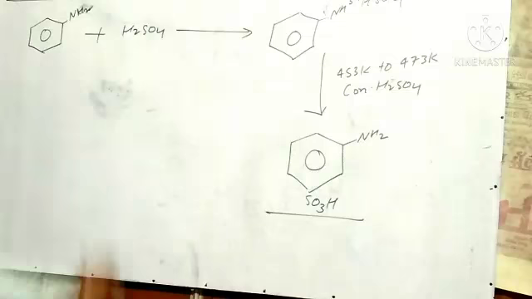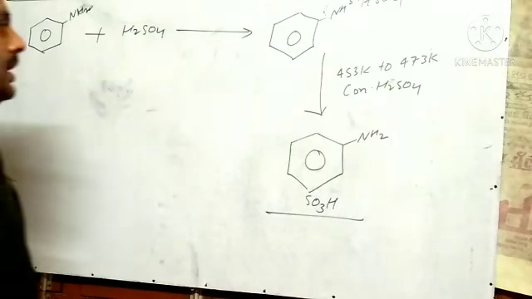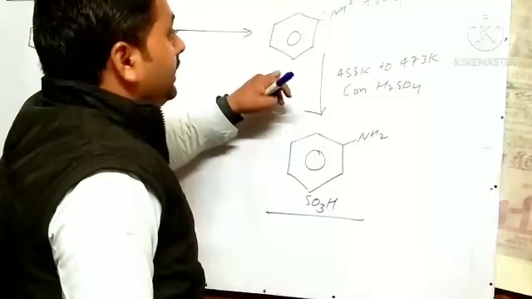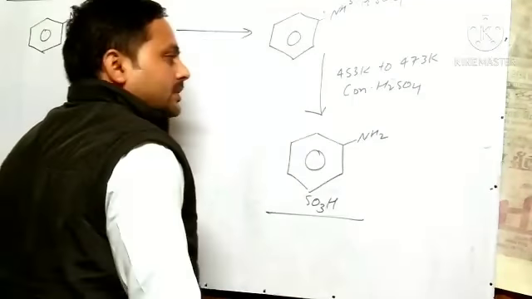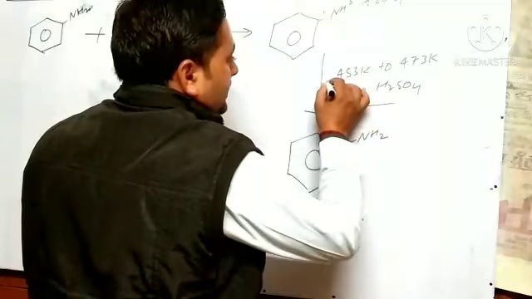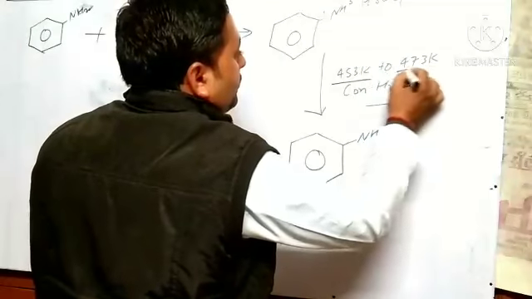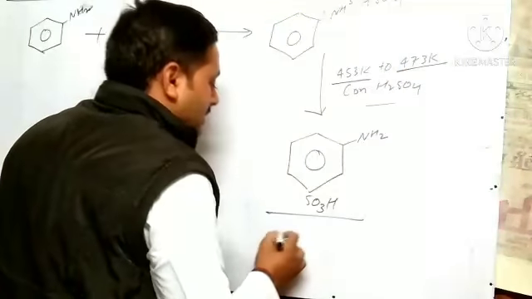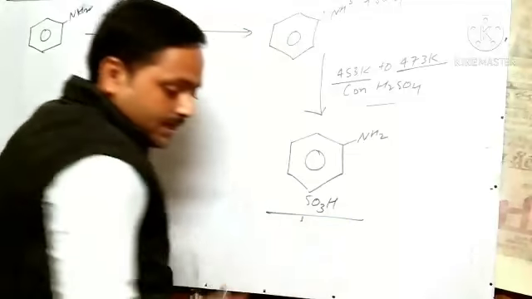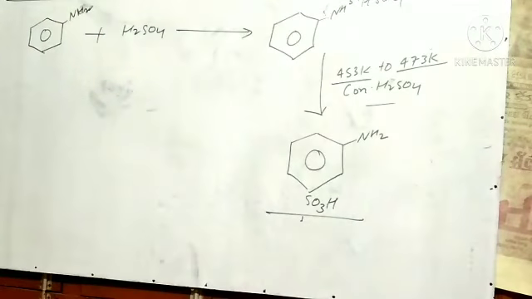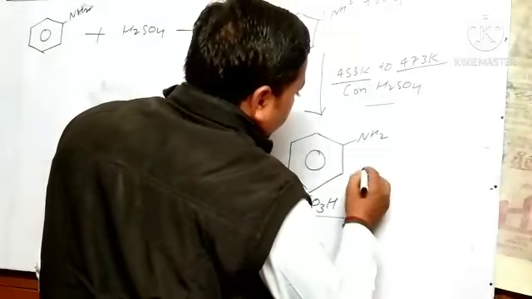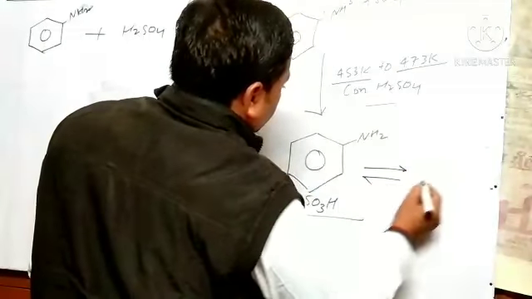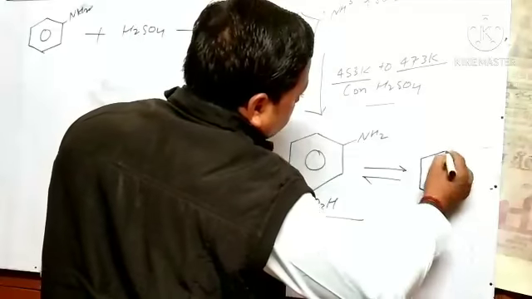So what we have seen, when aniline is heated with concentrated H2SO4, it forms anilinium hydrogen sulfate, which on heating with concentrated H2SO4 at 453 Kelvin to 473 Kelvin, we get aminobenzene sulfonic acid, and this is also known as sulfanilic acid. And it shows resonance like this. So we can draw like this also.